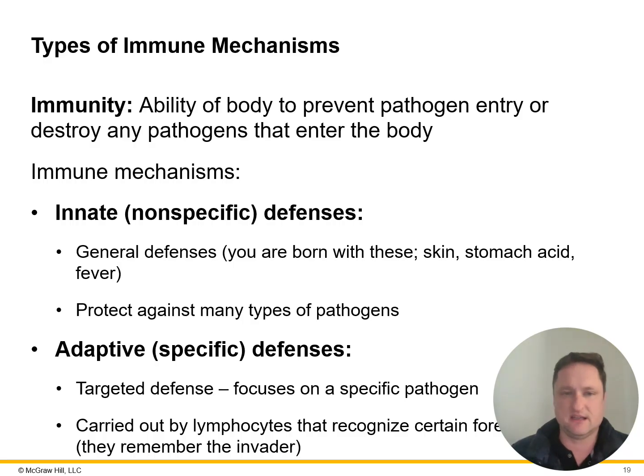B cells make antibodies, T cells attack infected cells. Most importantly, adaptive immunity remembers, so the next time an encounter happens, the response is faster and stronger. Together, the innate system buys time, and the adaptive delivers precision in its immune defense.